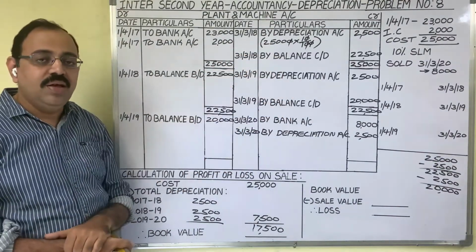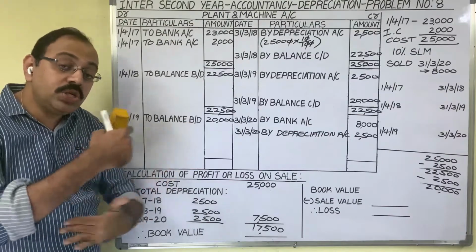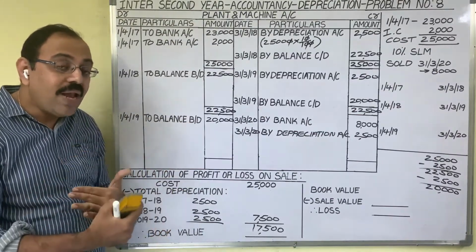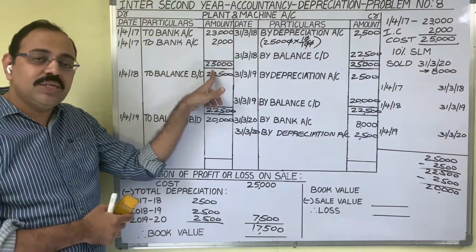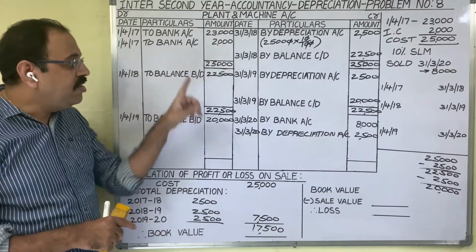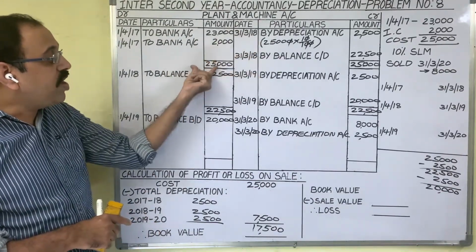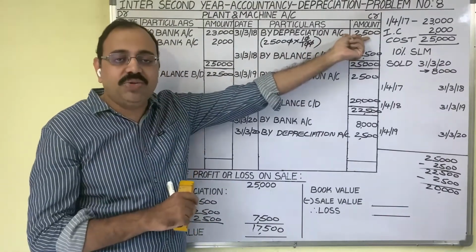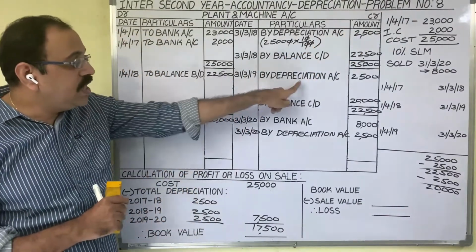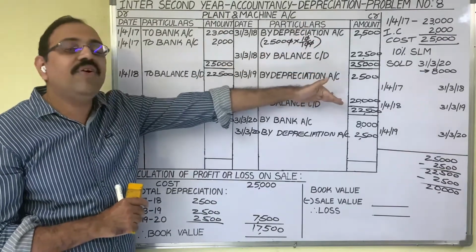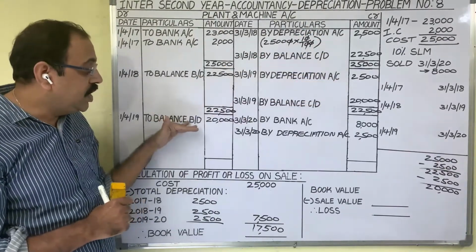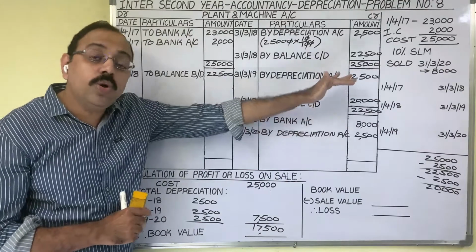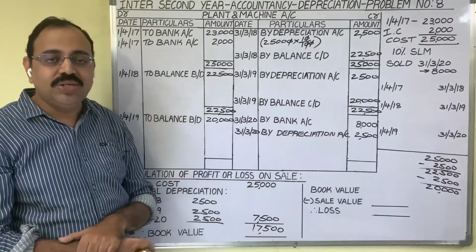After 3 years of usage, the asset value cannot be 25,000 rupees. It will get reduced. In the first year, from 25,000, 2,500 value is reduced. In the second year, another 2,500 is reduced. In the third year also, 2,500 more is reduced.